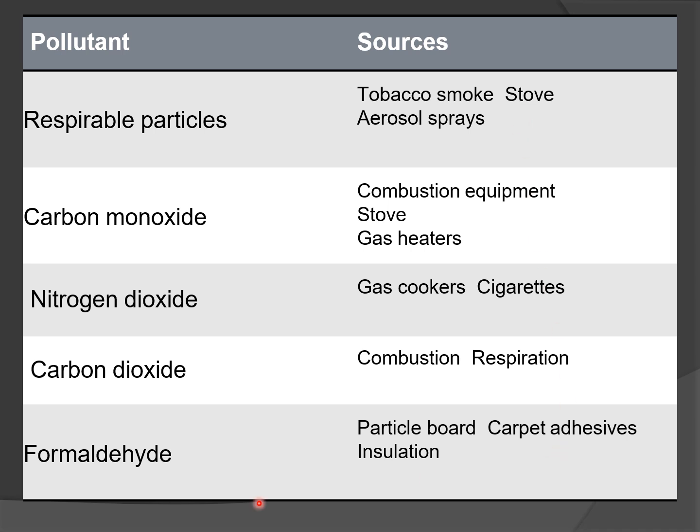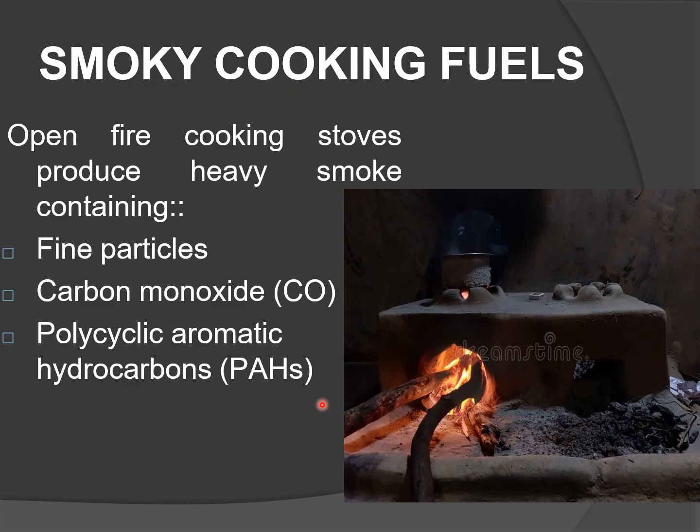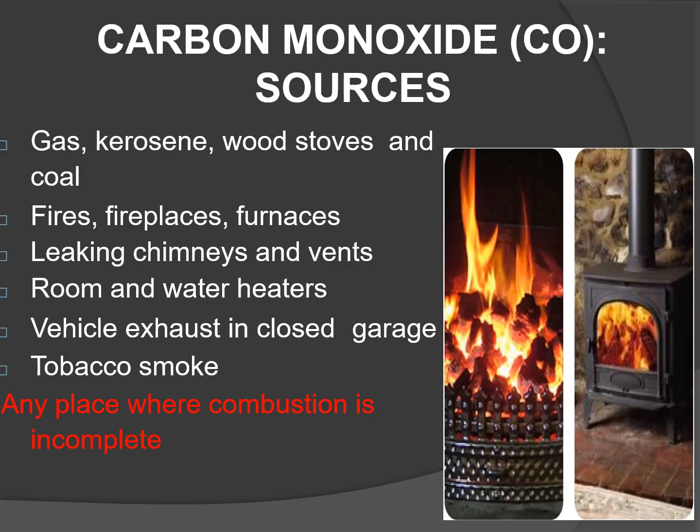The sources involved are given here. Similarly, sulfur dioxide, ozone, radon, asbestos, mineral fibers. Then the smoky cooking fuels. Open fire cooking stoves produce heavy smoke which contains fine particles, carbon monoxide, and polycyclic aromatic hydrocarbons.